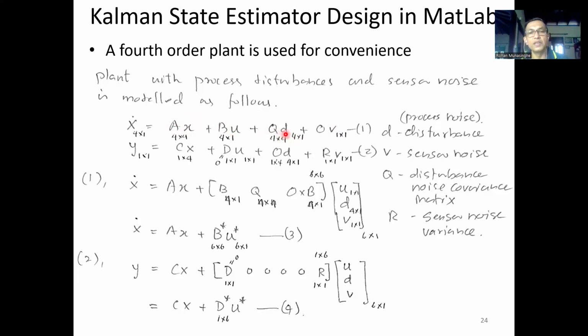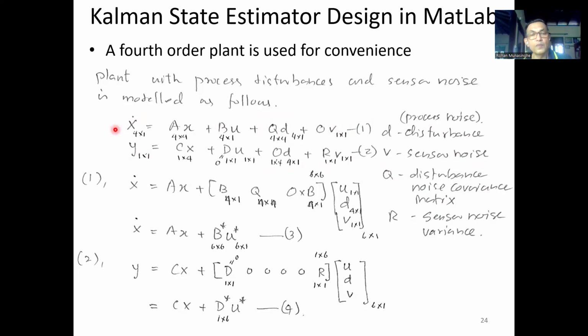This is any disturbances. You can see it over here, the legend: D equals disturbances, V the sensor noise, Q the disturbances noise covariance matrix, R is the sensor noise variance. Okay. So these two equations explain the whole state space model.